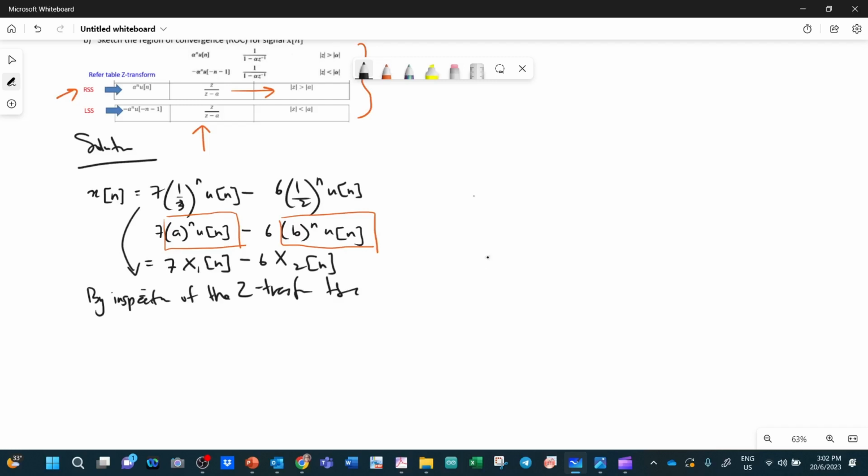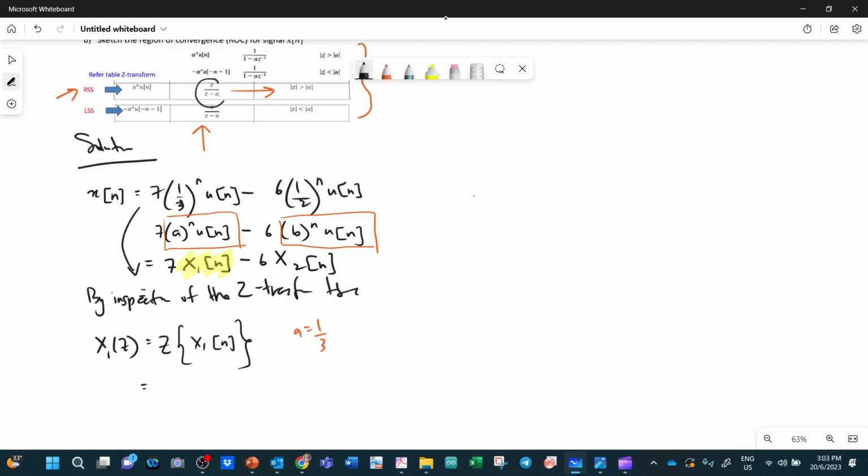So by inspection, for X(z) you have 7 times x1[n]. Let's do only x1 first. X1(z) is the Z transform of x1[n], whereby directly using inspection, what do you have? If you look at here, what is a? a is equal to 1 over 3.